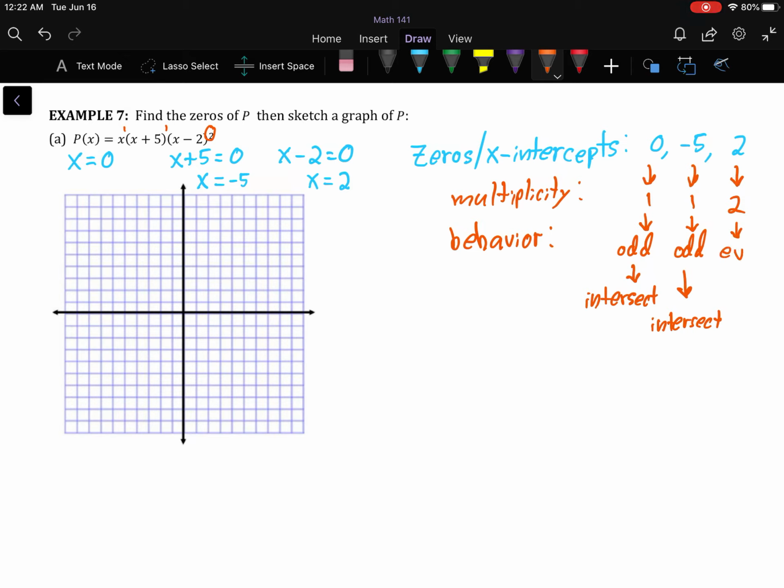The last one was even, so that means it bounces. Then we can see that by adding up these multiplicities, the degree of our equation is 4.